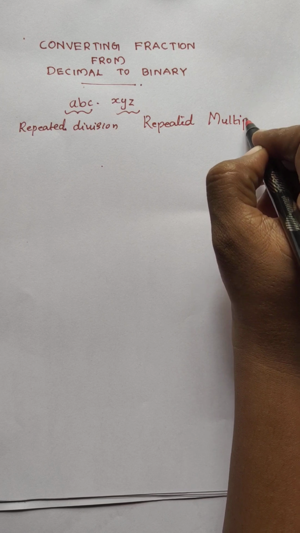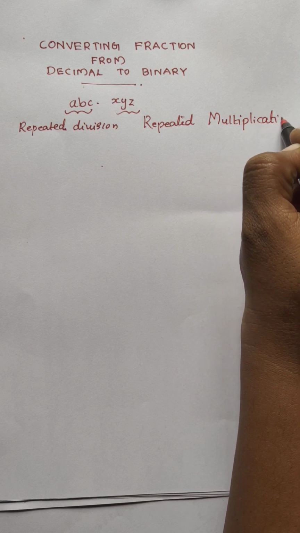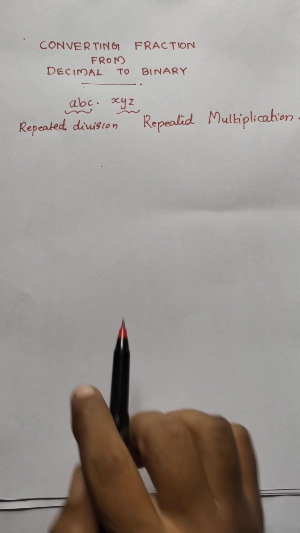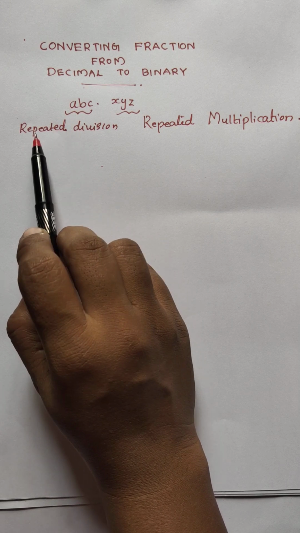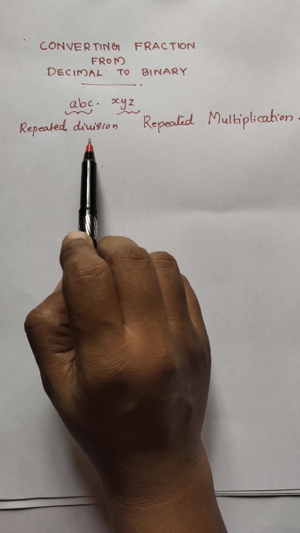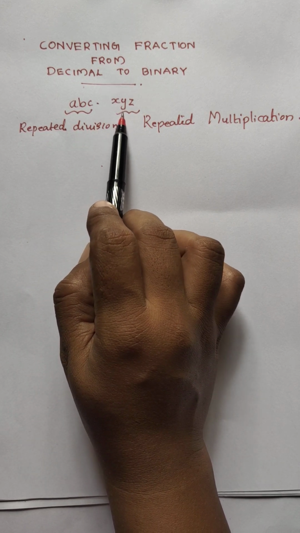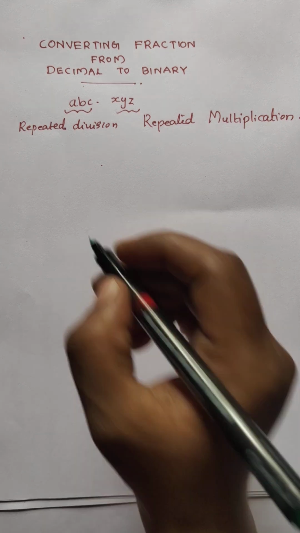Is it clear? In the integer part, it is repeated division that we have already discussed, and in the fractional part, repeated multiplication.